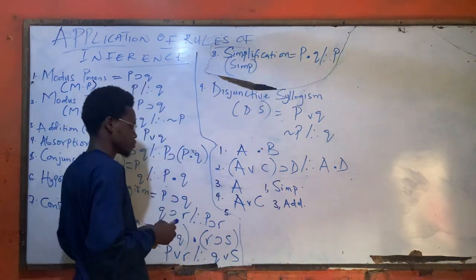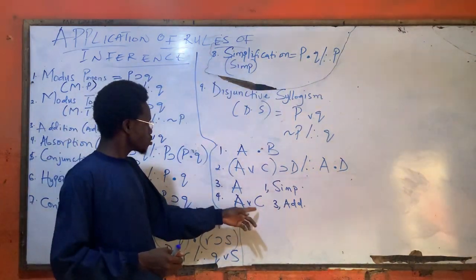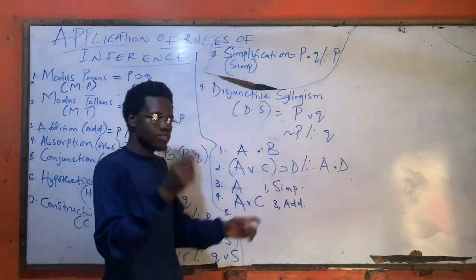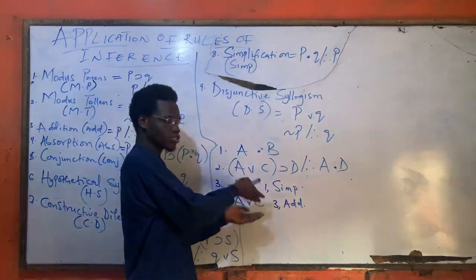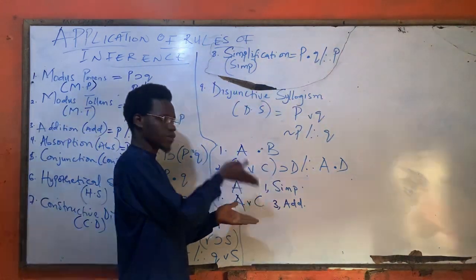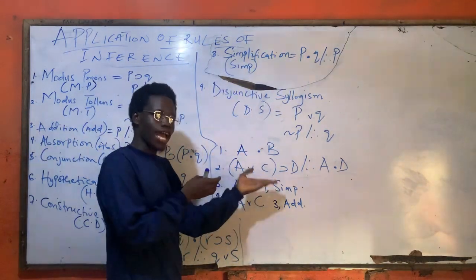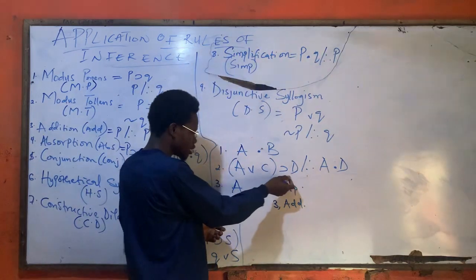So now, my line 5, I have my A or C. Okay? Line 2 says that what? A or C implies D. Remember that I said this, your direct conclusion here, can also serve as what? Another premise. Okay? For another what? Argument. So you can see that A or C implies D. This is my what?